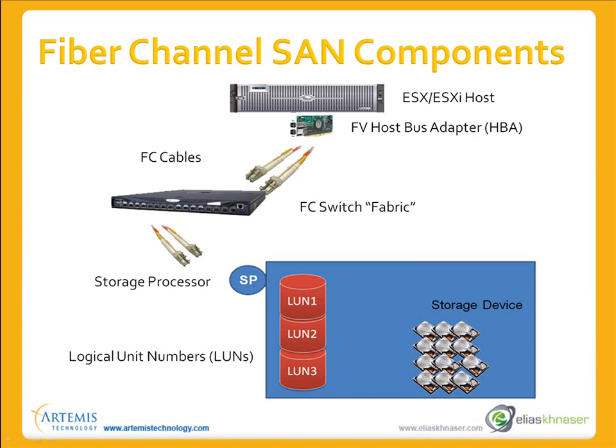Whenever the HBA or the ESX servers need access to this LUN, they communicate their request via the fiber channel switch, the fabric, to the storage processor, and the storage processor in turn takes this request over to the LUN, and in turn to the disk arrays or the physical disks.